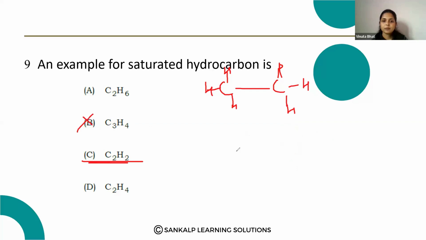Check the next one. C2H2, C double bond C, H, H, 4 valency is fulfilled, and here also 4 valency is fulfilled. So it is also having a double bond, not a saturated hydrocarbon.